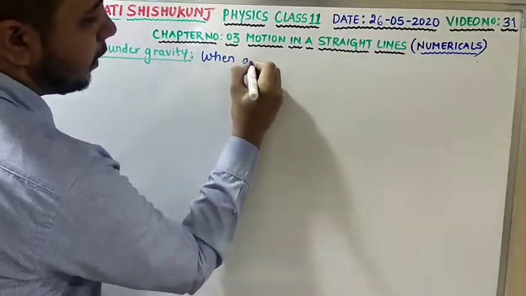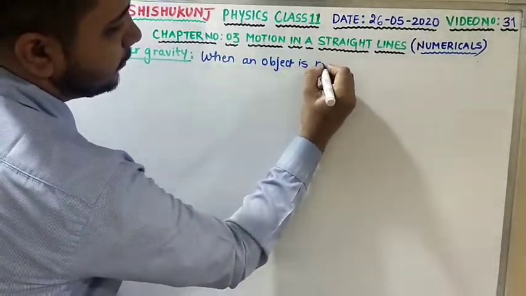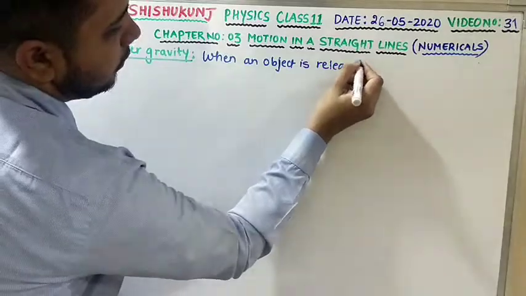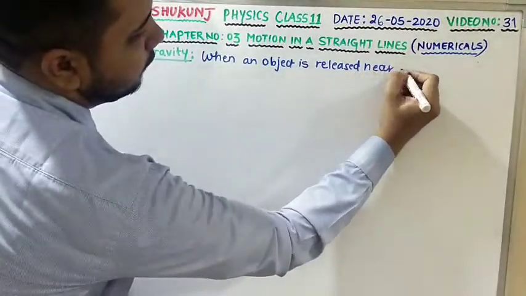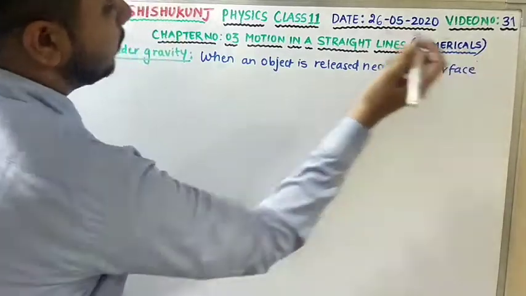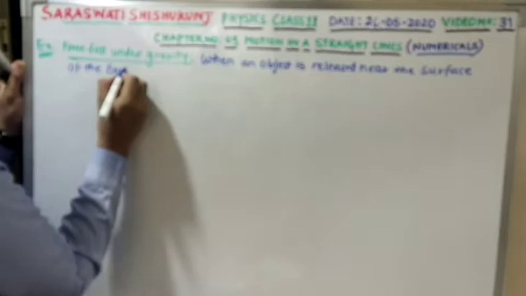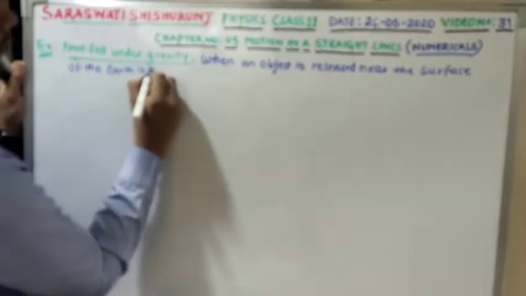When an object is released near the surface of earth, it moves downward.